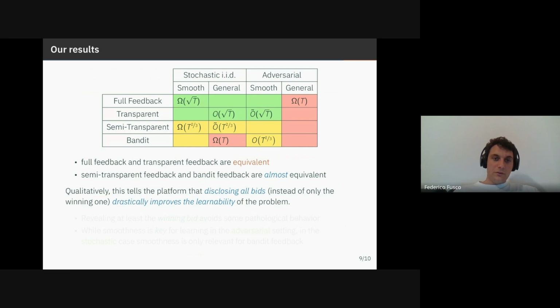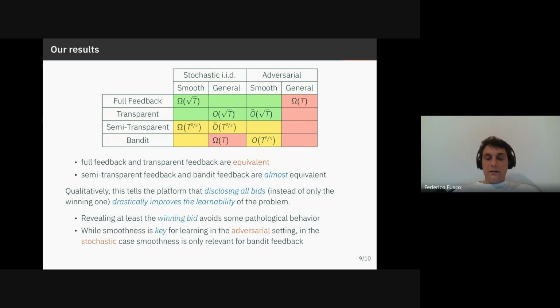So we see that the first two rows are kind of indistinguishable, meaning that if the platform decides to disclose all bids, then, from the minimax regret rate point of view, this is equivalent to allowing the learner to receive full feedback, which is something extremely strong, because in full feedback, VT is always revealed. On the other hand, if the platform decides to only disclose either the winning bid or no bid at all, we see that there is a deterioration of the regret rate.